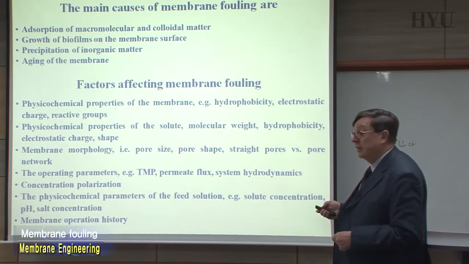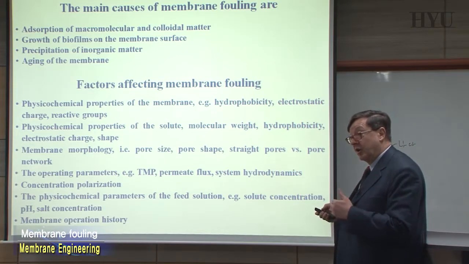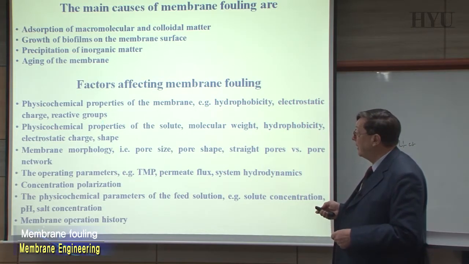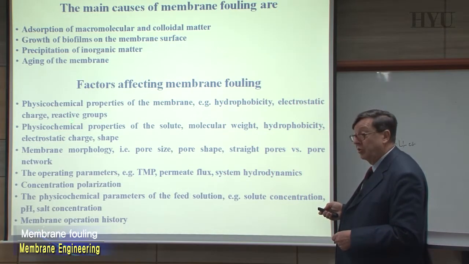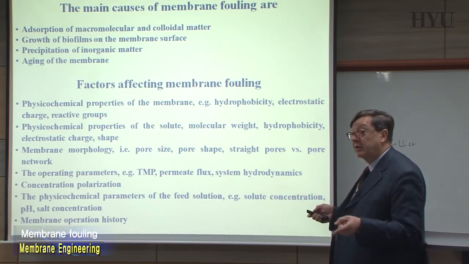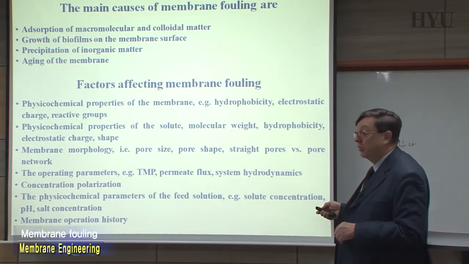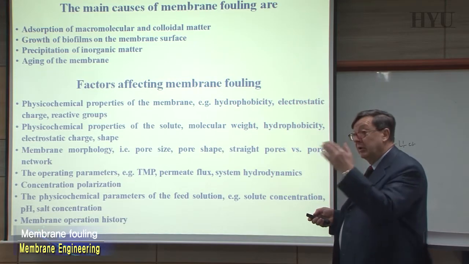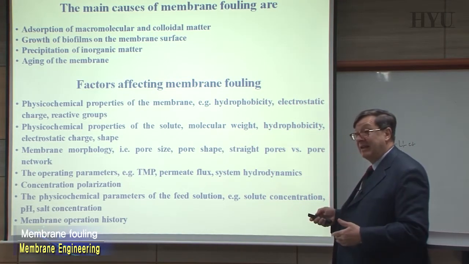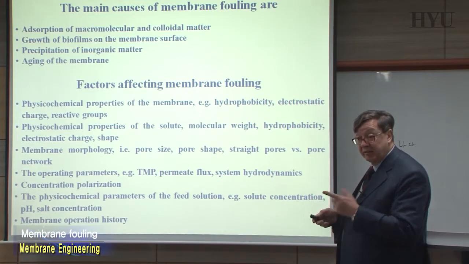The electrostatic charge, the fact the membrane is charged positive or negative, can have an effect. The existence of some functional groups on your membrane surface can have an effect, in positive or in negative. We will see there is some way to control fouling, just to protect the membrane surface with some functional groups able to create a system in which, for example, adsorption is not very effective and so on.